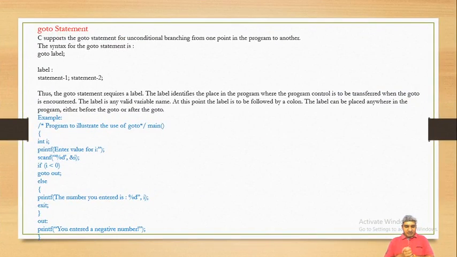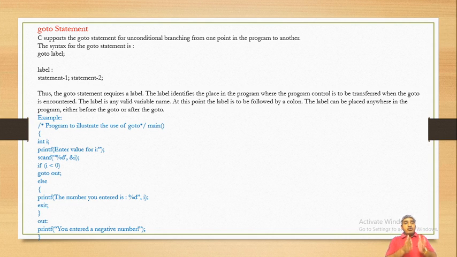Now the goto statement. The goto statement is used for unconditional branching. Goto is one of the keywords. The syntax for the goto statement is goto label; it is terminated by a semicolon. We can use any label.